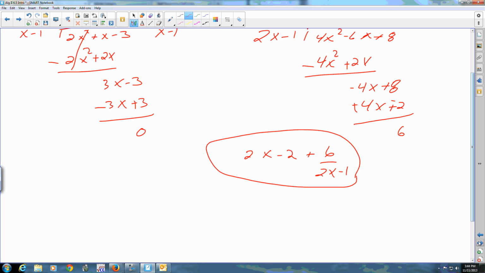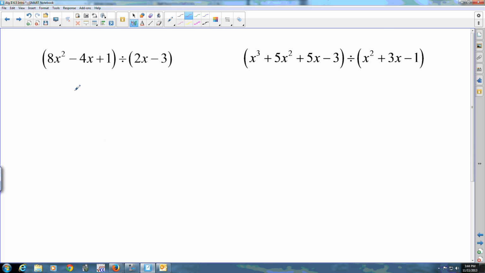I don't think they're stated down here. Nope. Next page. 2x minus 3 into 8x squared minus 4x plus 1. 2x times what is 8x squared? So that would be 4x. So that would be 8x squared minus 12x. Change the signs.